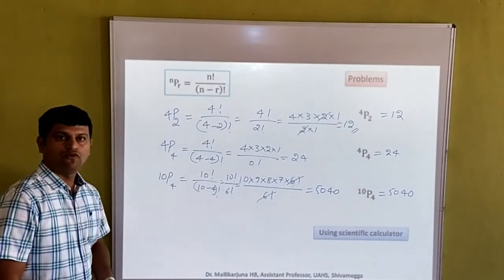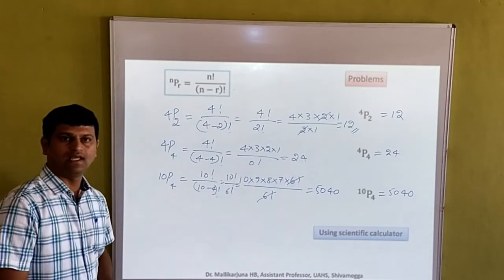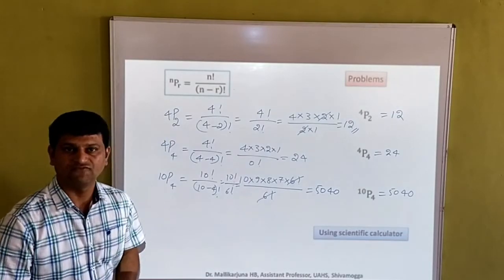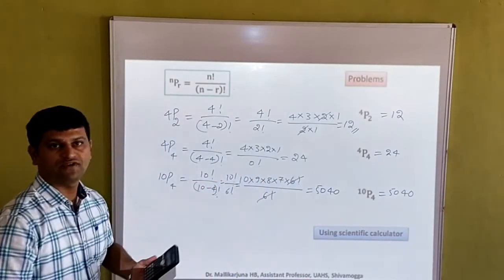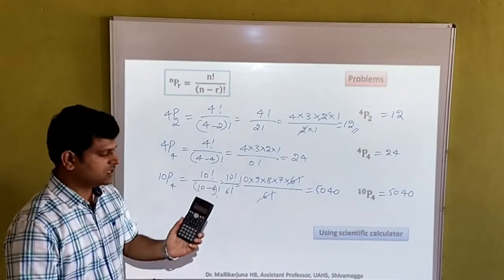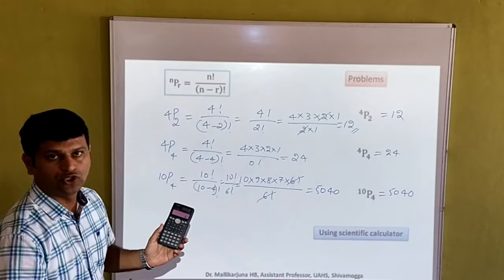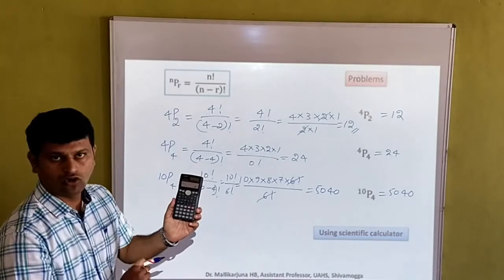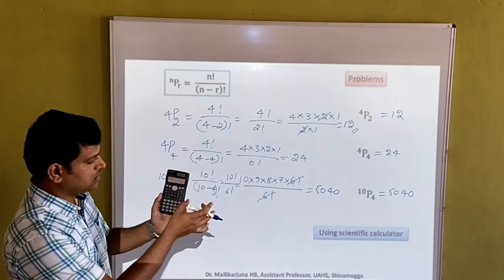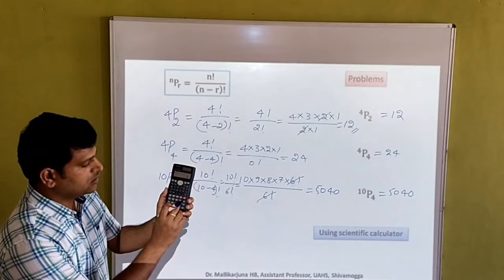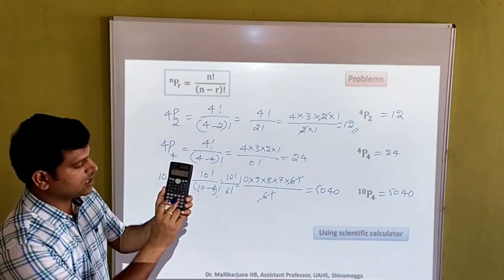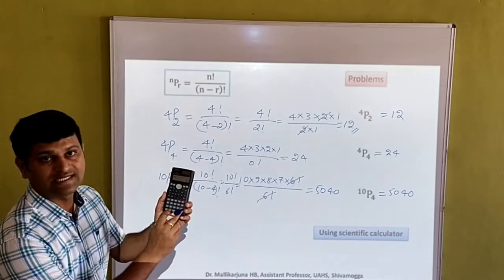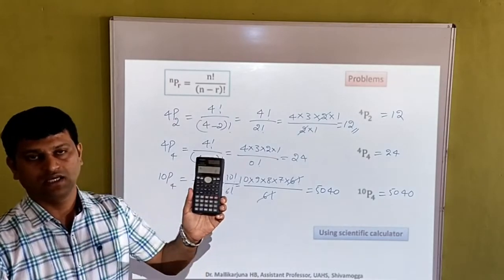These things can be calculated directly using a scientific calculator. In the scientific calculator, for 4P2, first type 4. Then on the keyboard, next to the button, you can observe nPr and nCr.